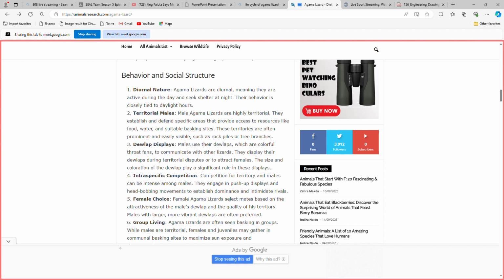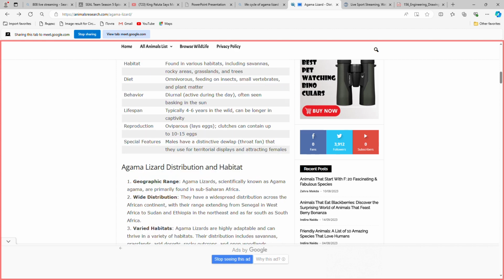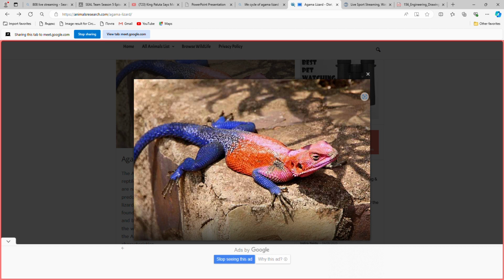And also you have the dewlap display. The male uses their dewlaps, which are colorful throat fans, to communicate with other lizards. So you will see a male lizard, let me show you what I'm talking about. Male lizard will use this one. Please, I hope you can see. You see this side, there is something like this part is swelling up a bit.